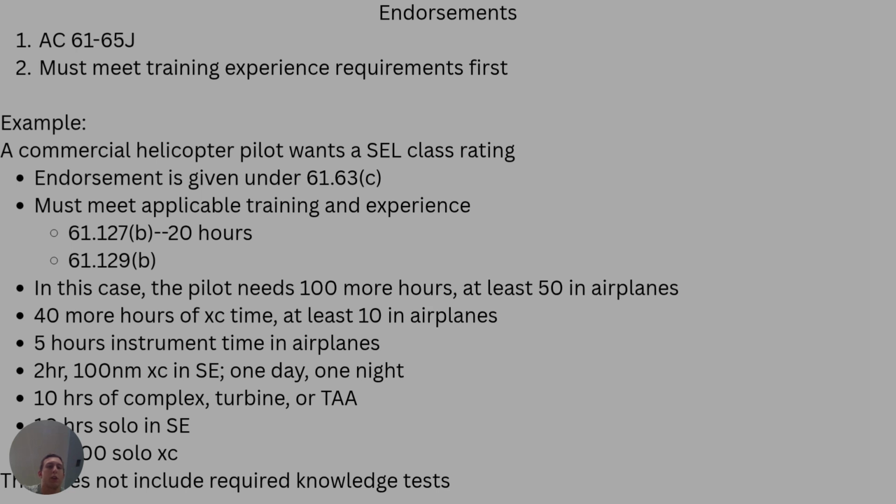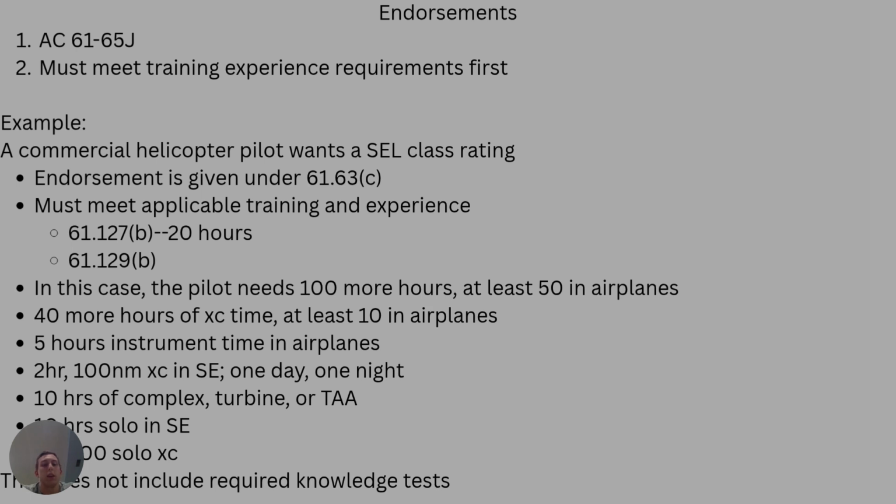So he's going to have to go through the endorsement. The endorsement will be given under 61.63(c), and he'll need to meet the applicable training and experience, so the ground and the flight. Those are going to be found under 61.127(b) and 129(b).